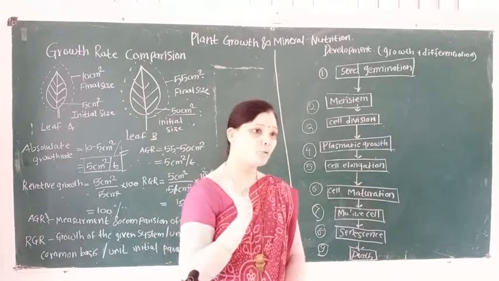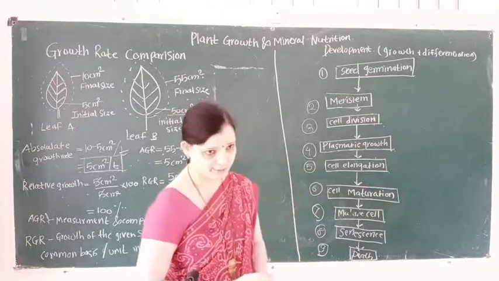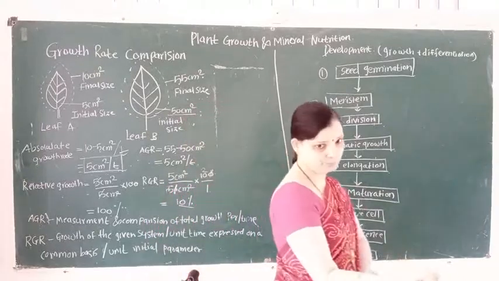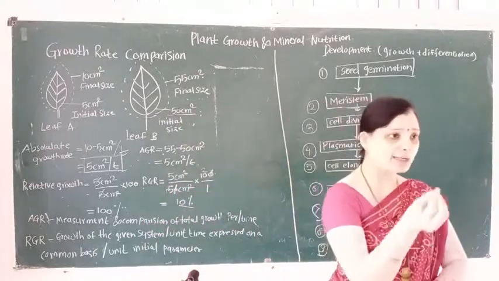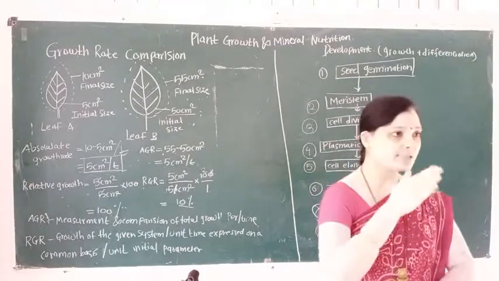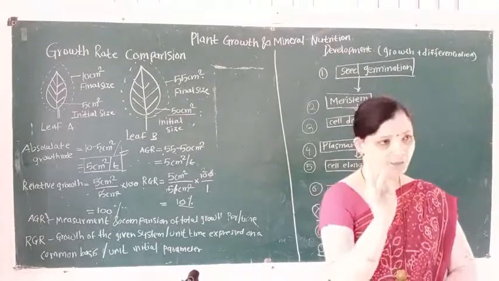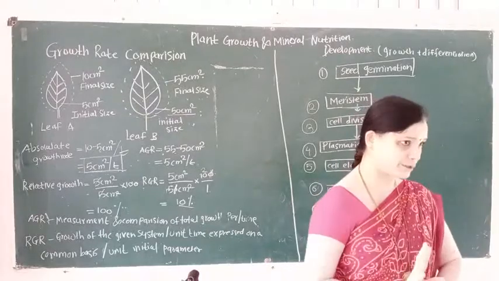And in the plant body, different plant tissues are present. What is a tissue? A tissue is a group of cells which are similar in origin and structure and perform a similar function.